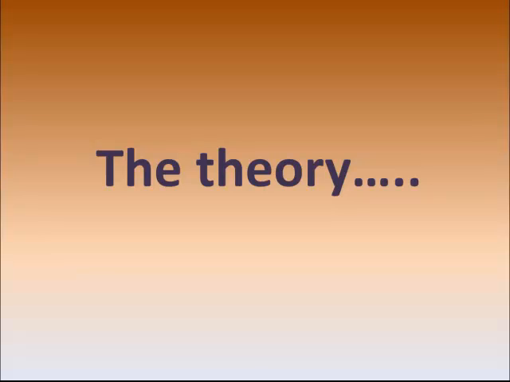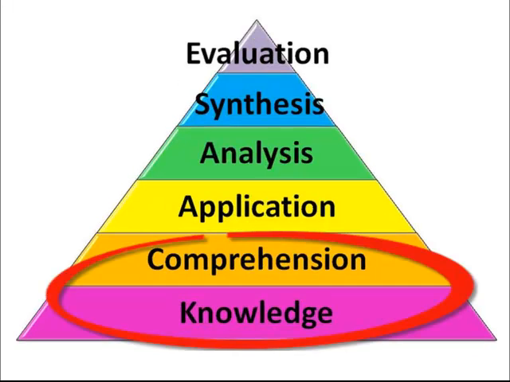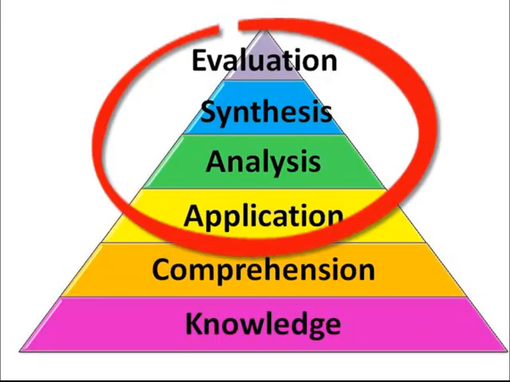So the theory behind this is that if you look at something like Bloom's taxonomy, you're focusing on those lower order skills outside of class, where the learner has more autonomy, where the teacher's not involved. They can learn that stuff on their own, and then they can have support in class with those higher order thinking skills when the teacher's actually there.